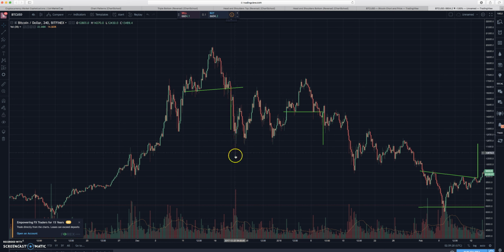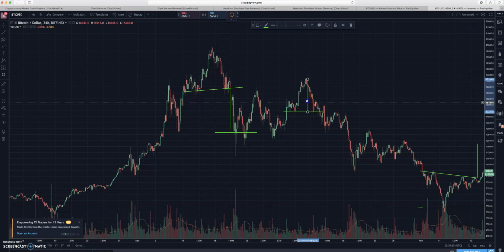Obviously you have these candle wicks that dipped way down, but if we just draw another trend line and bring it right in here, this is the length from our neckline to our head. Generally speaking, when you're using these head and shoulders patterns, you can just drag that down from the neckline and get an idea of how far this thing may fall. And as you can see, it was pretty darn close.